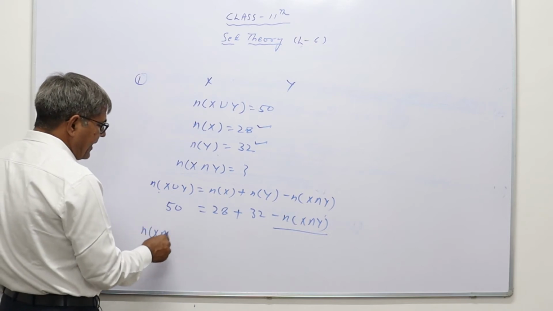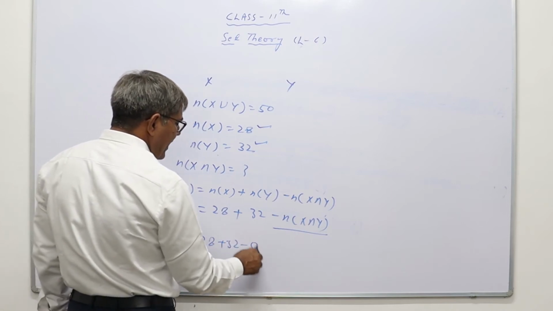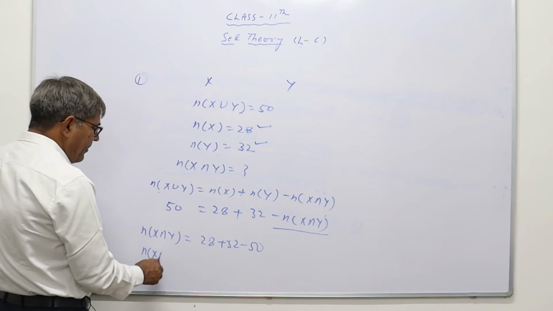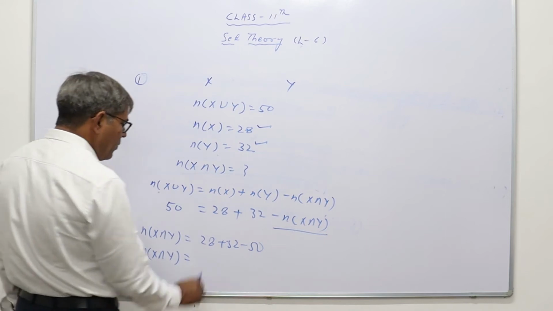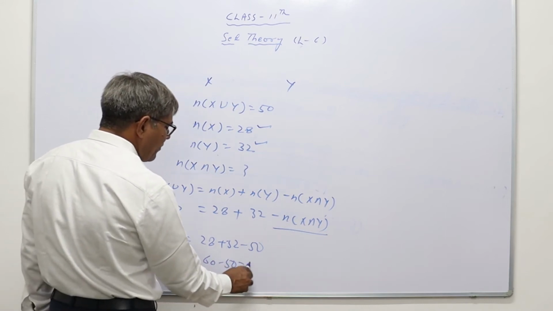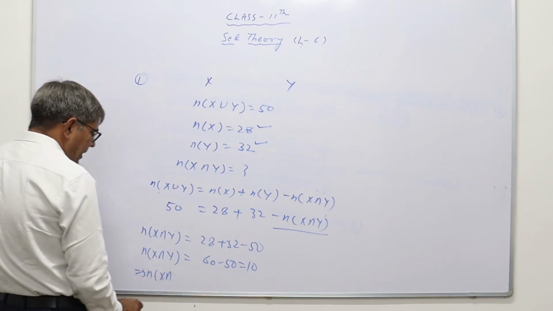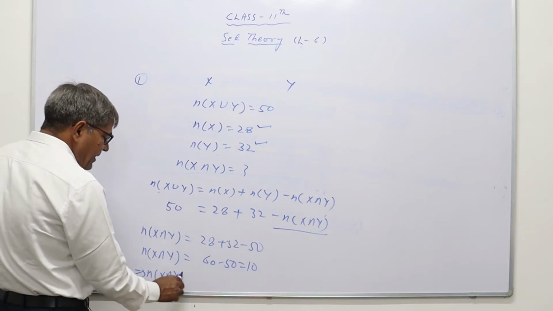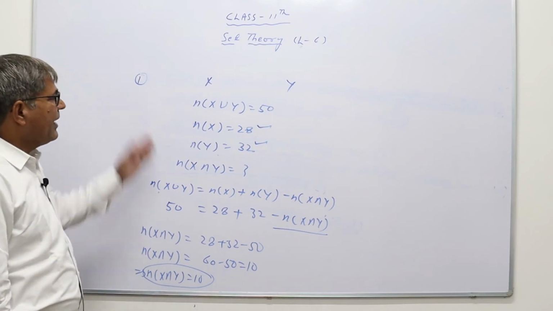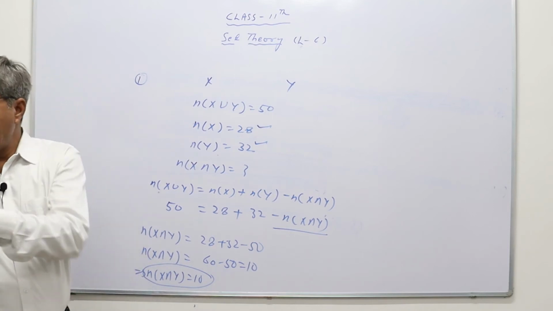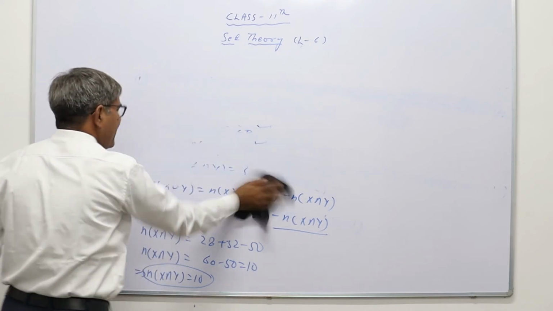So n(X intersection Y) equals 28 plus 32 minus 50, that is 60 minus 50, which equals 10. So n(X intersection Y) is equal to 10. Using this formula we can find the required number of elements. Now let us see the next application.